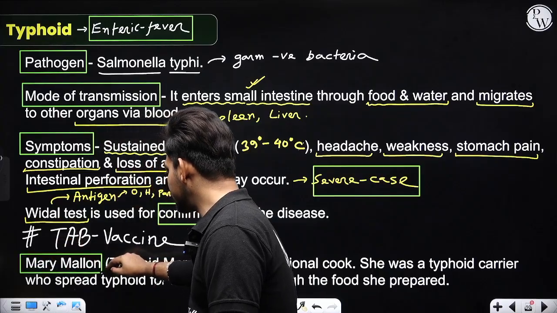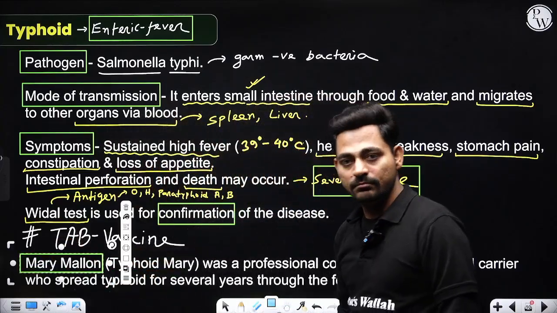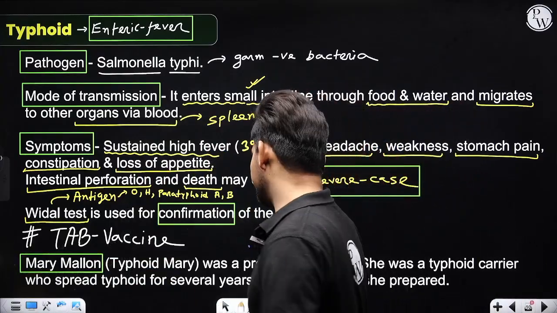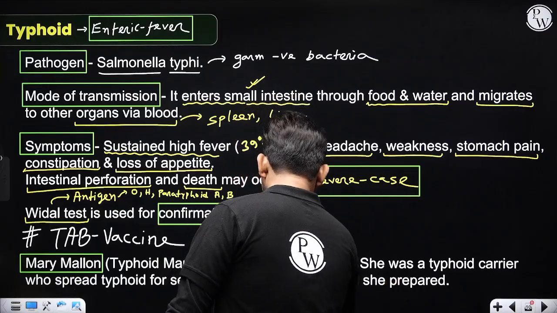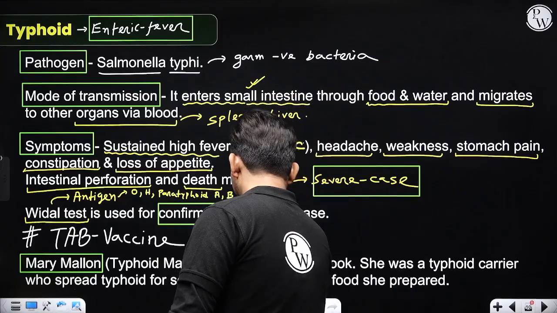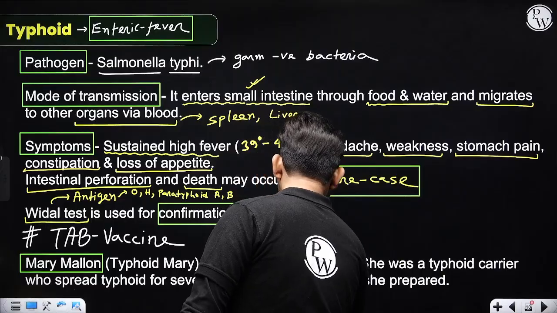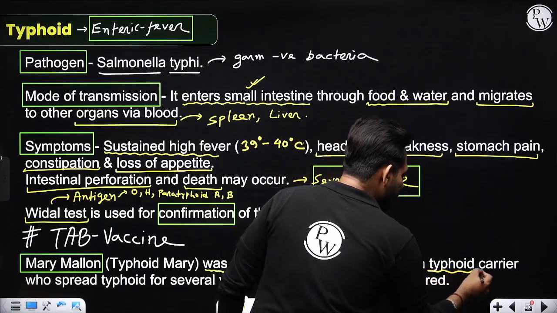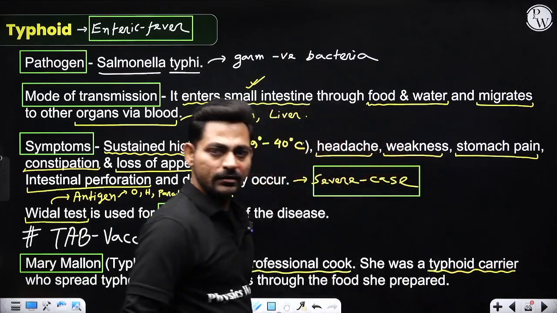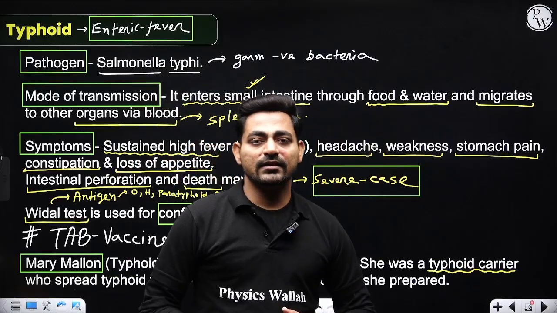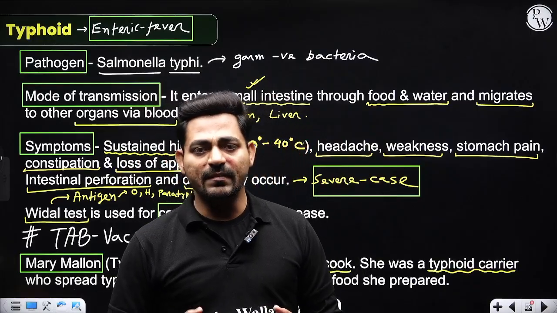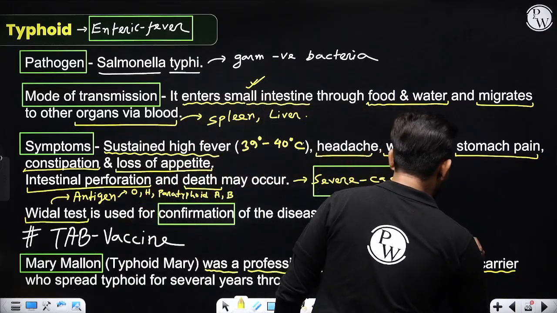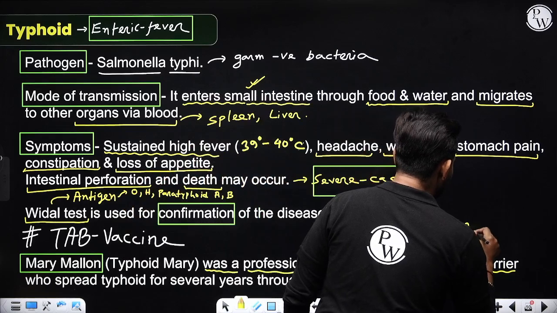That is the history of Mary Mallon, or Typhoid Mary. So basically she was a professional cook. She was a typhoid carrier. Means sometimes it happens, if a particular pathogen is manifested in your body, the patient can become asymptomatic.